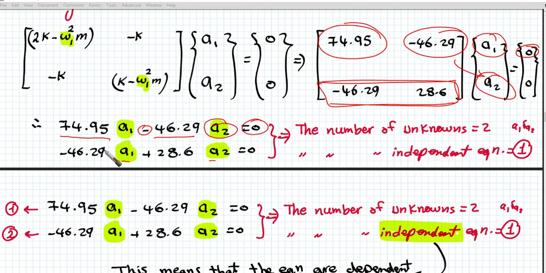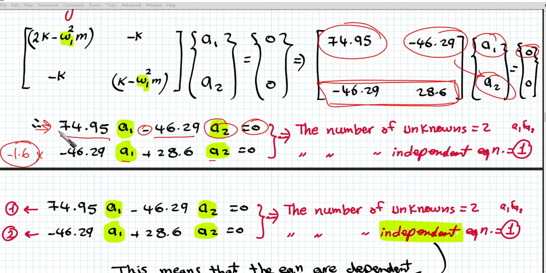Do you think there's something unique about them? I guess yes. Try to multiply the second equation by minus 1.6, and you're going to find that it gives you the first equation. This is the meaning of dependent equations.